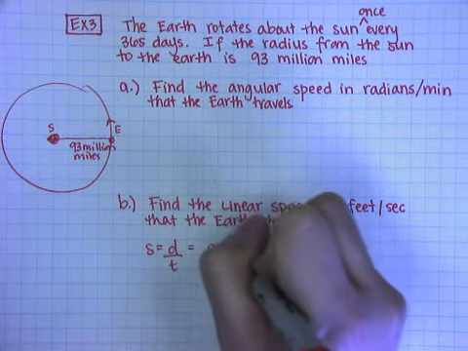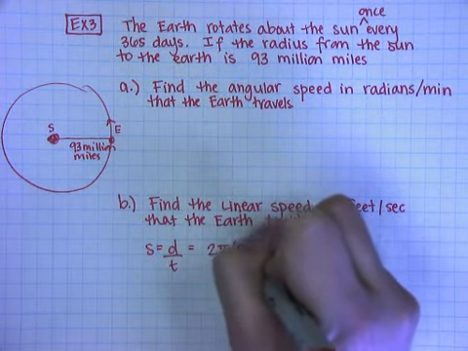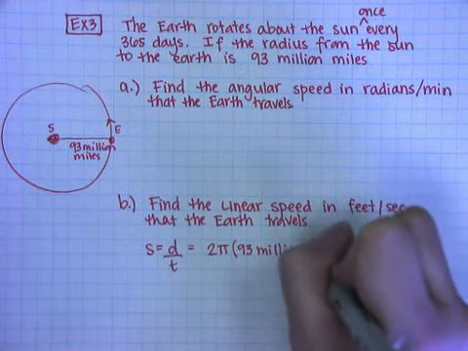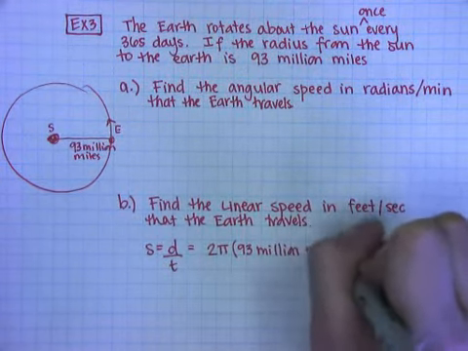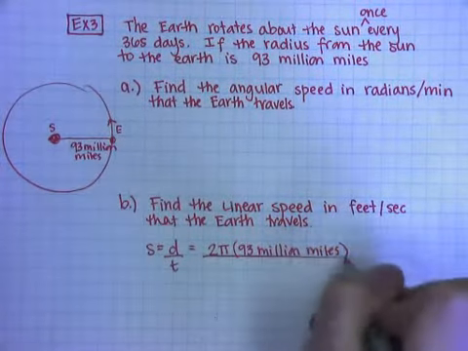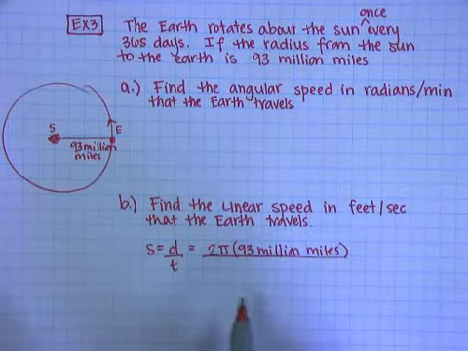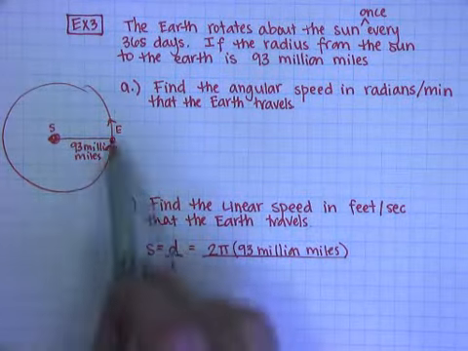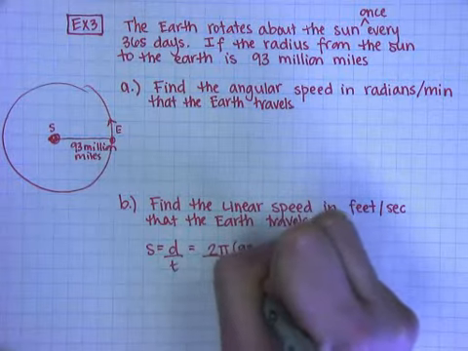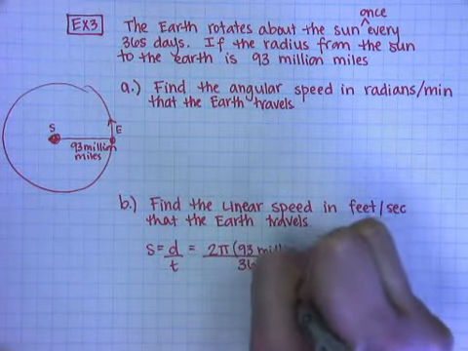So 2 pi times the radius, 93 million miles. Right? And this is per unit of time. And we know that it goes once around the circle in 1 year, or in 365 days.